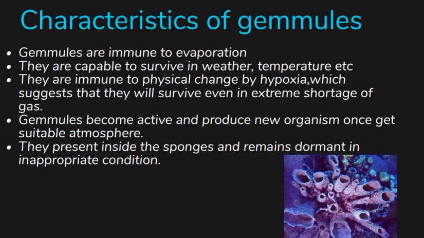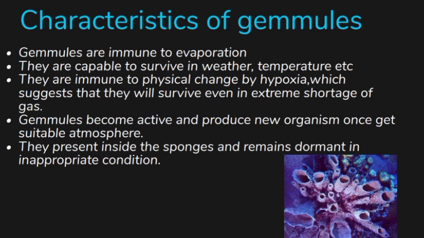Let us revise the characteristics of gemmules. Gemmules are immune to evaporation, and they are capable of surviving weather, temperature changes, etc. The main point about gemmules is that they are capable of living without oxygen. They can live without oxygen, and they are immune to physical change by hypoxia, which means that they will survive even in an extreme shortage of gas.